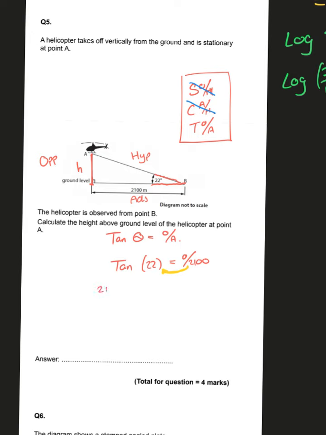So 2100 times tan of 22 is equal to opposite. 2100 times the tan of 22, straight into your calculator. Opposite is equal to 848.46 meters. And that's that question solved.